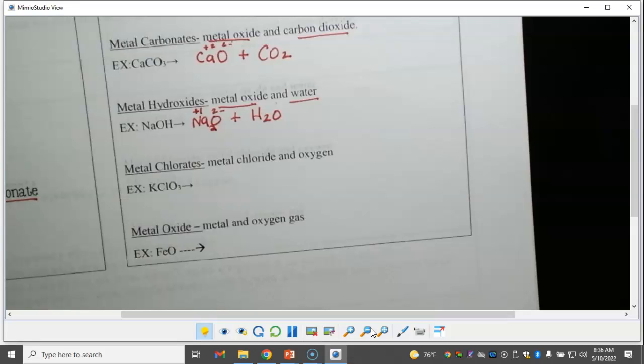All salts of chlorine, bromine, and iodine, meaning if these are bonded to metals, are going to be aqueous, unless they're bonded to these, then they'll be solid. Salts of fluorine, fluorine bonded to a metal, are all going to be aqueous unless fluorine is bonded to these, then it's solid.